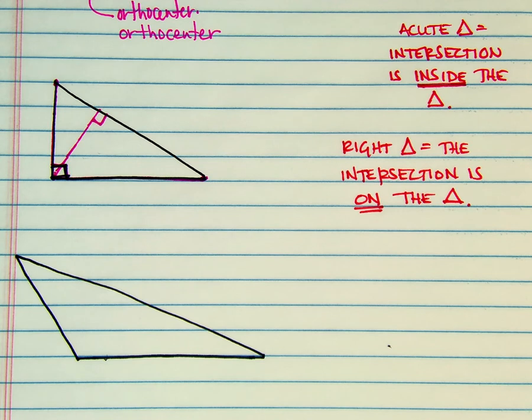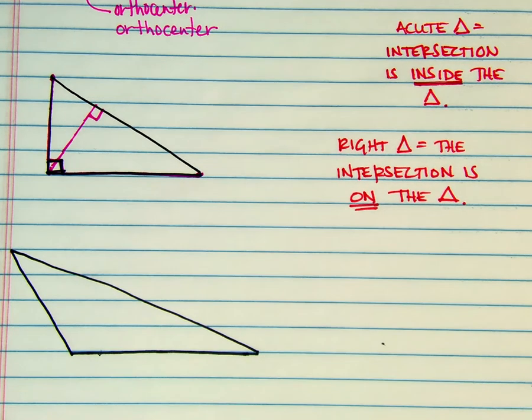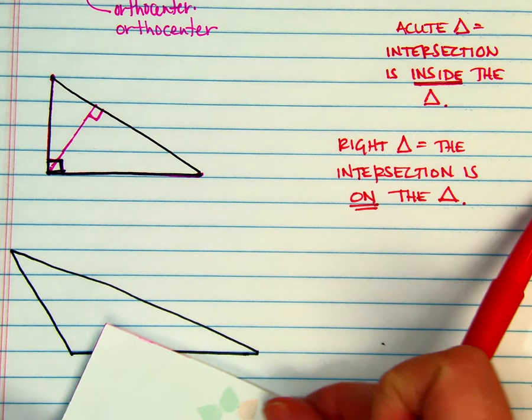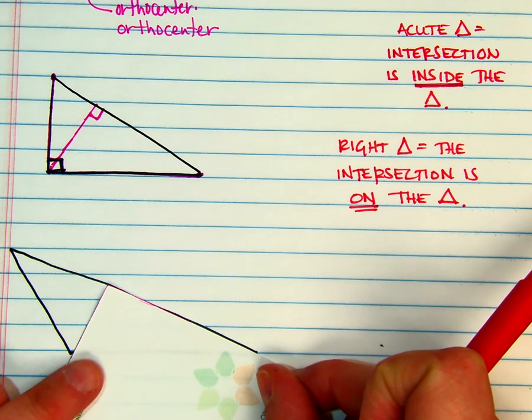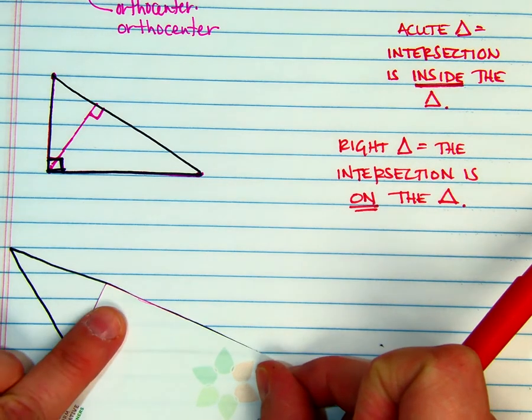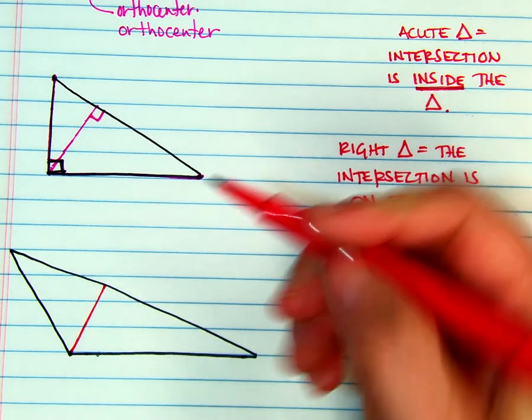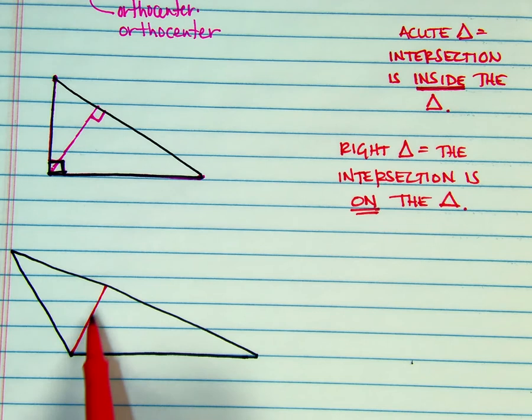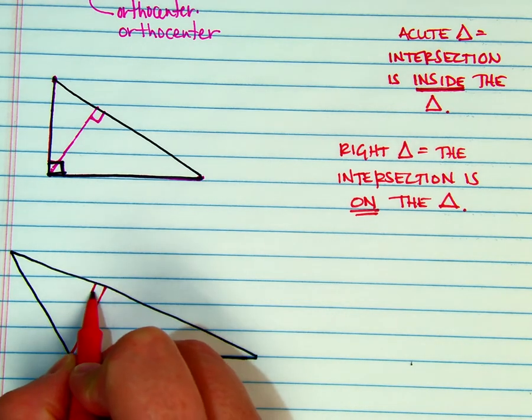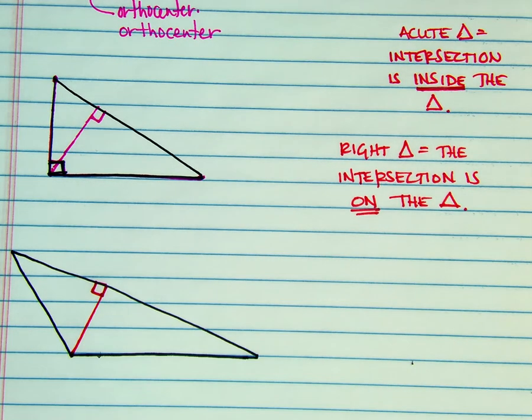This one usually isn't too bad. Okay, so I'm going to line this up, my little sticky note, and eventually you won't have to use the sticky note, hopefully. I'm going to follow that. So from this vertex to go perpendicular to the other side, I would have that altitude.